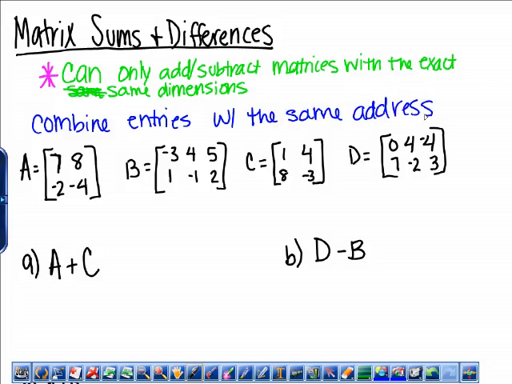Take a sec and copy down A, B, C, and D. Remember that you always name a matrix with a capital letter.